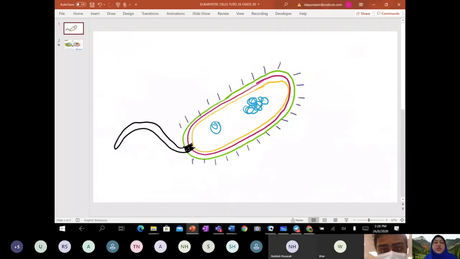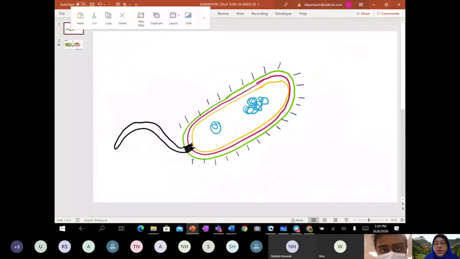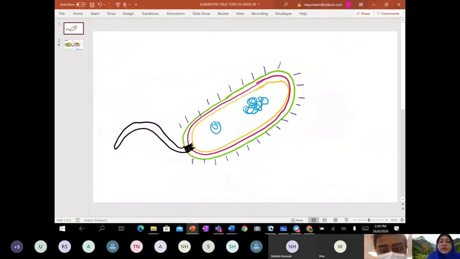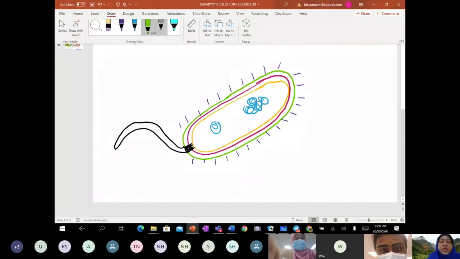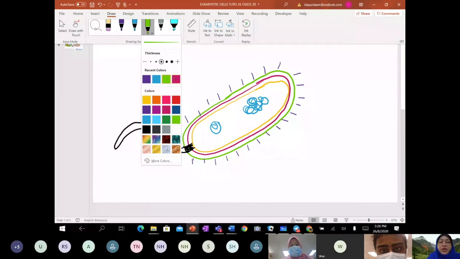Teacher would like to label with you. Teacher already sketched this diagram. So let's label together. For prokaryotic cell, you need to know 9 structures.